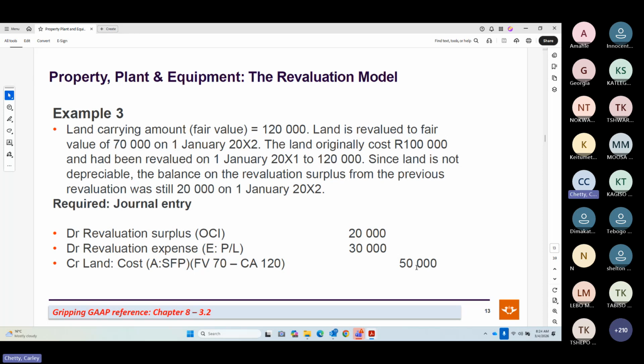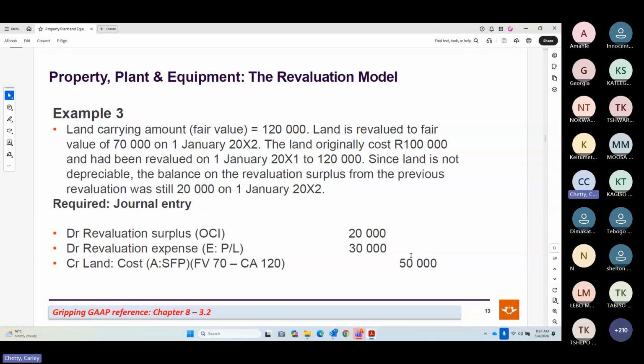Then the remainder of the decrease, which is 30,000, is going to be debited to revaluation expense. So we're going to debit revaluation expense, which is an expense in the statement of profit and loss, with 30,000.